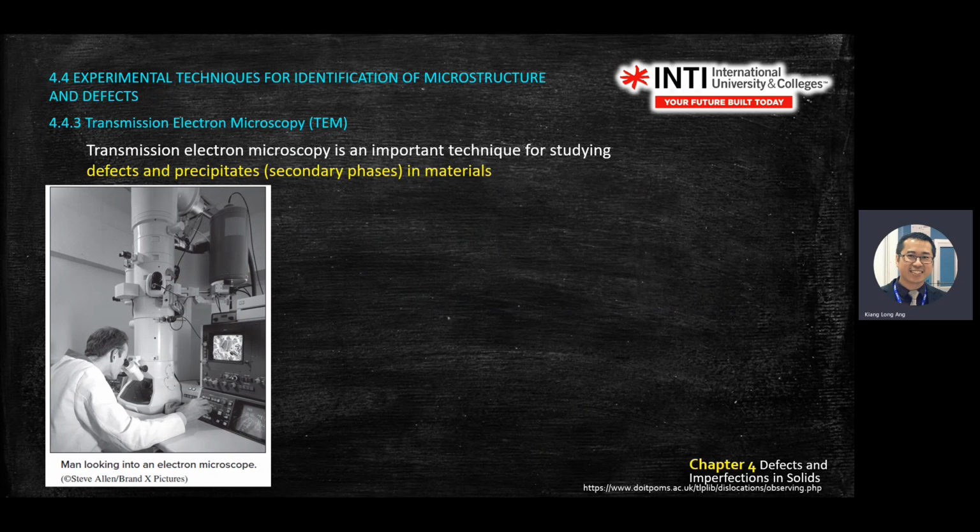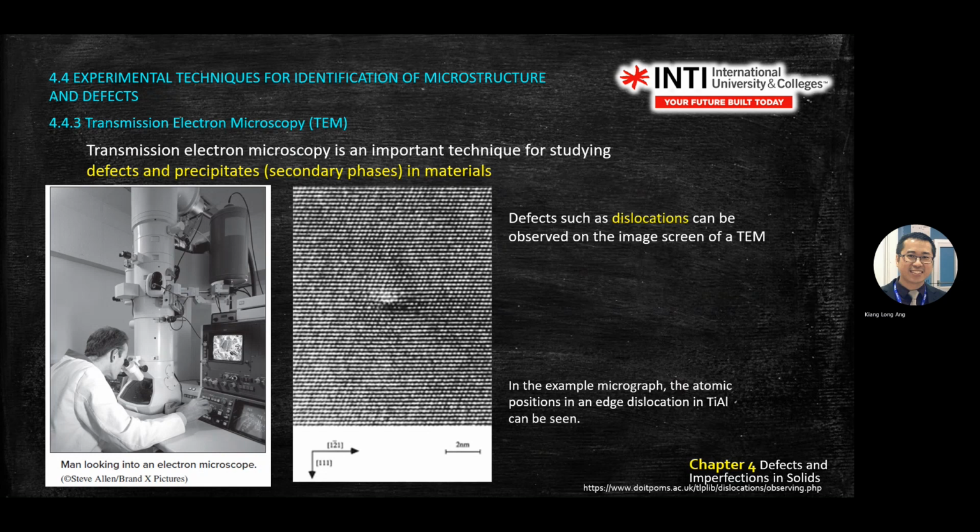Another type, same principle as SEM, is called TEM, transmission electron microscope. But the resolution is a bit lower compared to SEM. This is a sample of an image that you can see from the TEM.